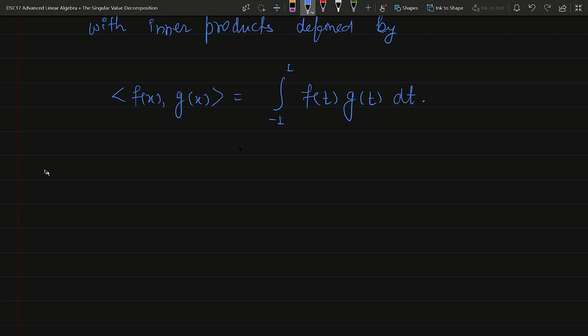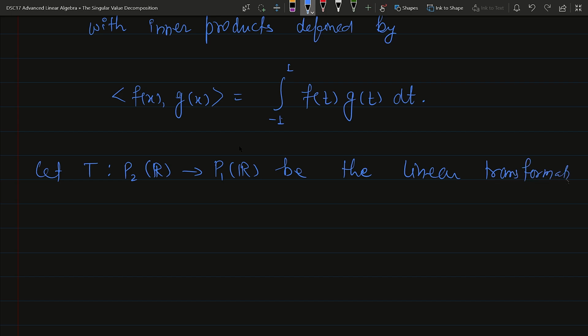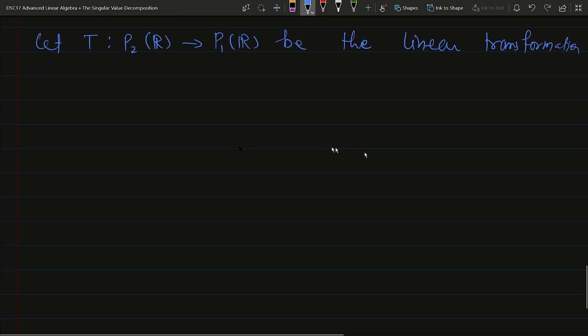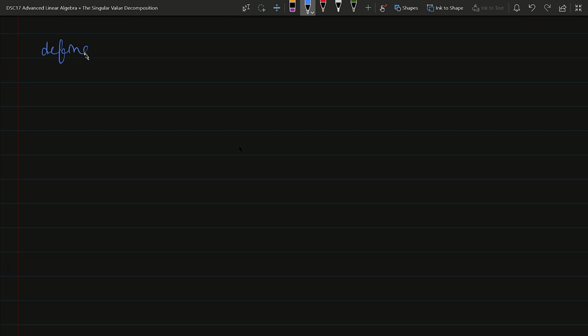Okay, now consider a linear transformation T from P2(R) to P1(R), be the linear transformation defined by T of f(x) is equal to f prime x, that is the first derivative of the polynomial.